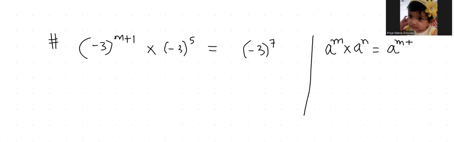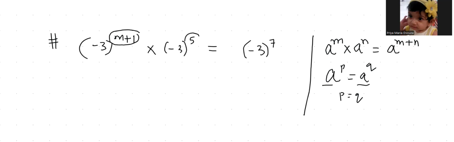And if I say a to the power of p is equal to a to the power of q, the bases are same, so I can equate the powers, isn't it? So I can say p is equal to q. So when bases are same, a is like -3, no? And m plus 1 is an exponent, and 5 is the other exponent on the left-hand side.